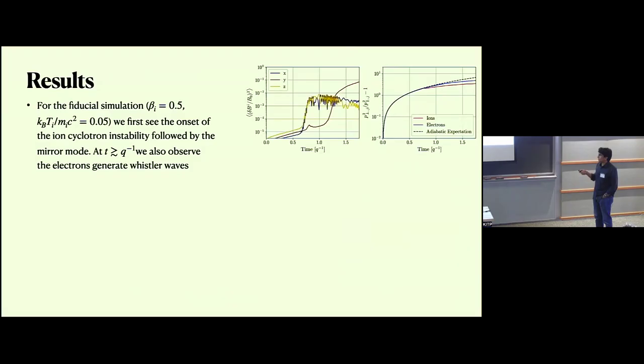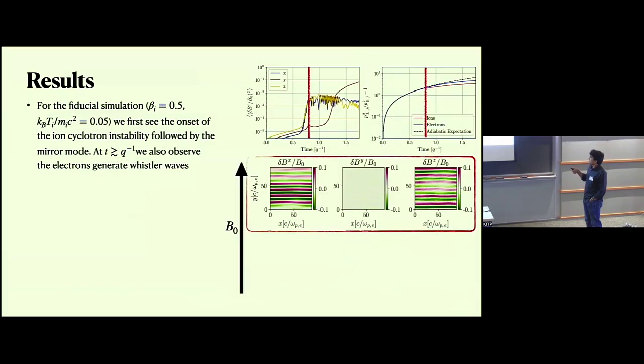What you're seeing here is a time series of the field perturbations and of the anisotropy of the species, and the magnetic field, the guide field, is along the y direction. One of the points you see here is that initially there is the onset of the ion cyclotron mode, which is indicated by these transverse, parallel propagating waves.